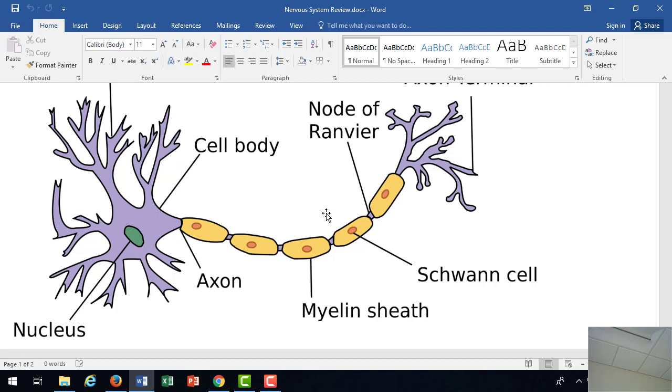So the function of the myelin sheath is to insulate the axon and to speed transmission. So any neuron that has axons that are heavily myelinated, they're going to have the fastest transmission of the neurons in the nervous system. So when we look at diseases like multiple sclerosis, it's an autoimmune disease, the immune system attacks its own myelin, then the transmission of those impulses is faulty.